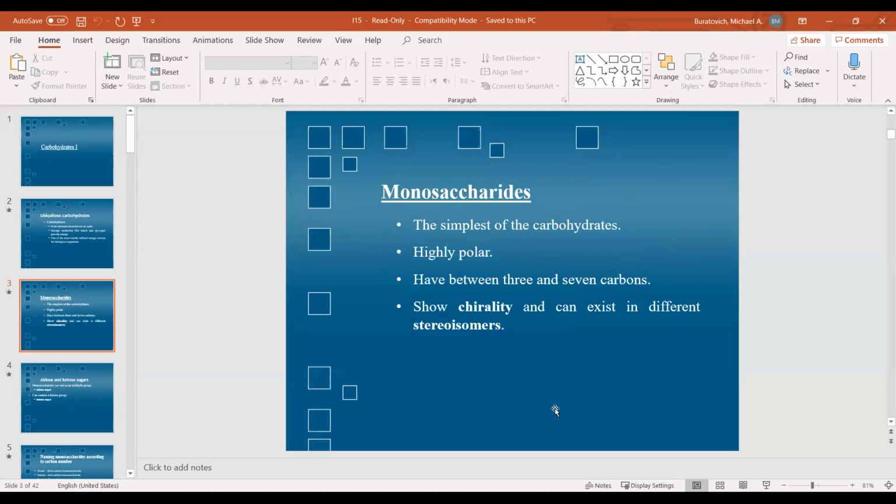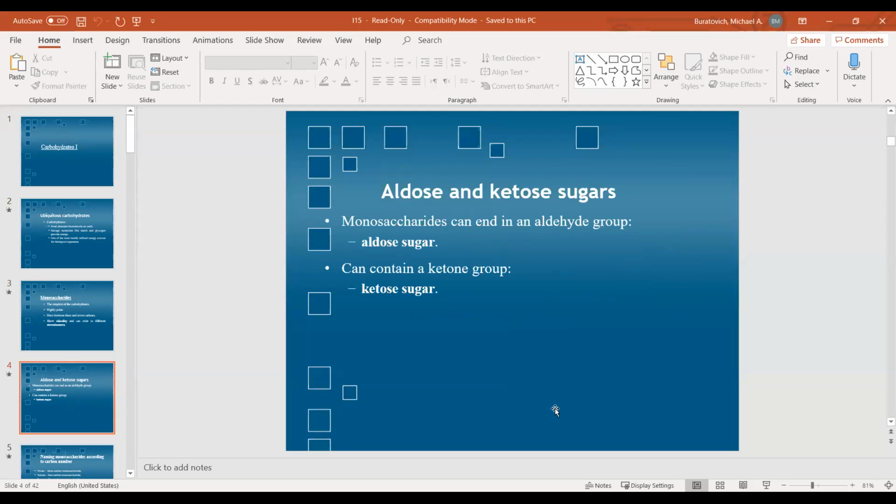So these monosaccharides can end in an aldehyde, or they can end in an alcohol and have a ketone. If they have a ketone, they are ketose sugars. If they end in an aldehyde, they are aldose sugars.